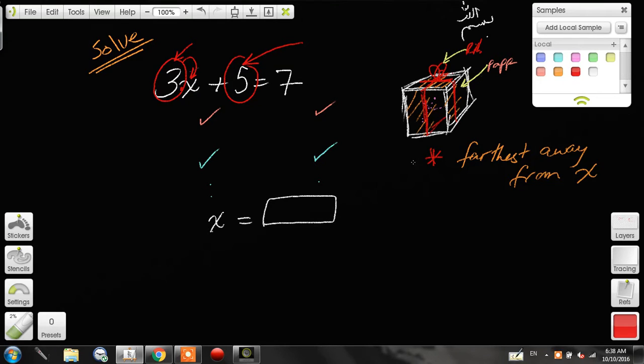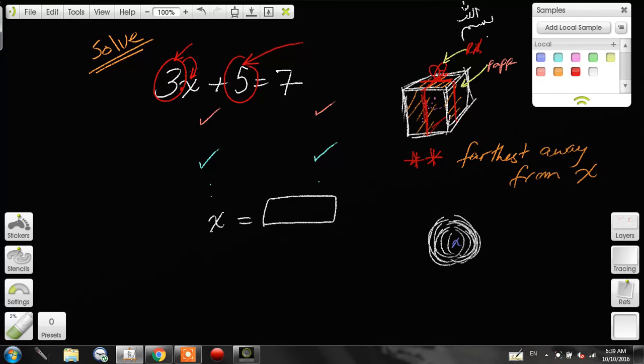This is very important. So you start from farthest away from x, and then you get closer and closer, isolating the x. Another analogy I give is that x is like in the middle of an onion. So here's the onion.